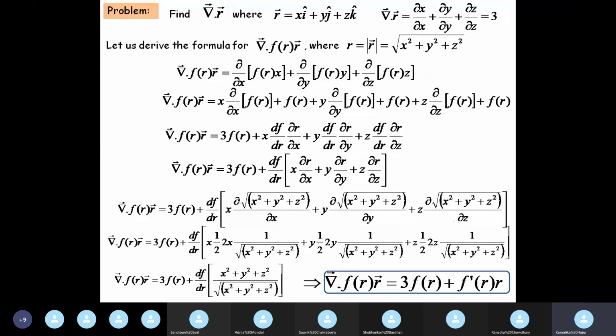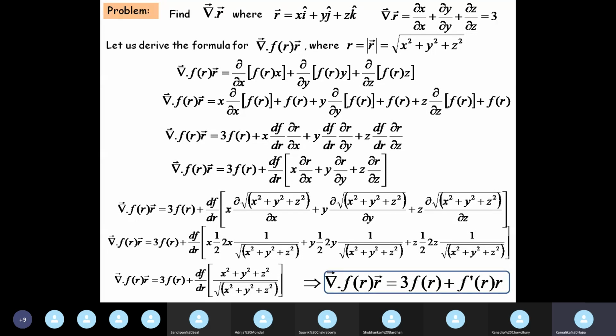And the first term, 3 f(r). You forgot 3 f(r).